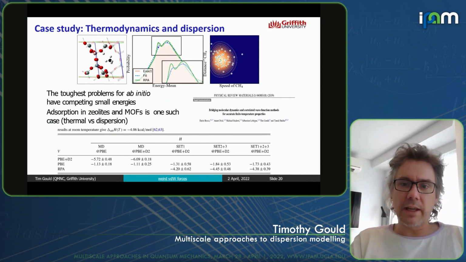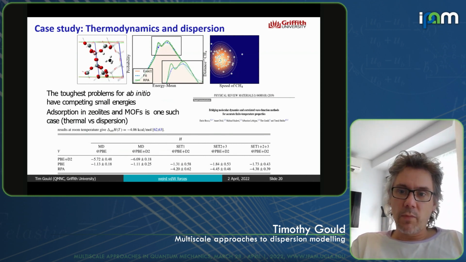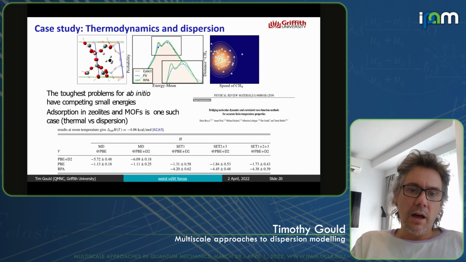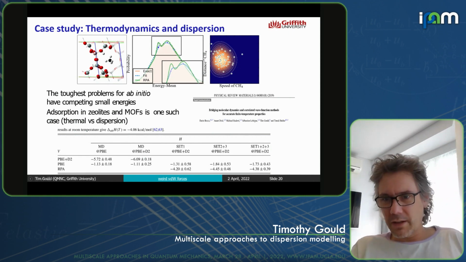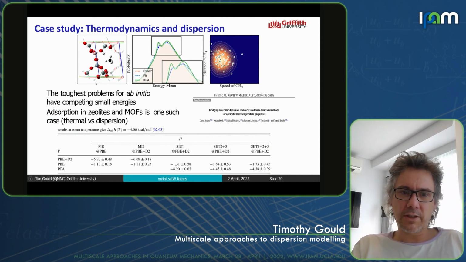And last but not least, this is getting more into the issues you get in multiscale problems. If you take a zeolite and put, say, methane inside it, then the methane will very, very weakly physisorb to the zeolite. This is an extremely weak interaction, and it's extremely temperature dependent. At room temperature we basically get an adsorption enthalpy of about -4 kilocalories per mole, which is quite tiny.